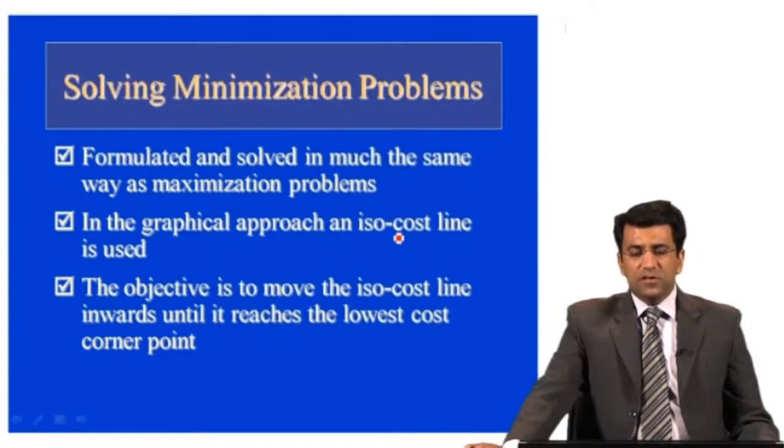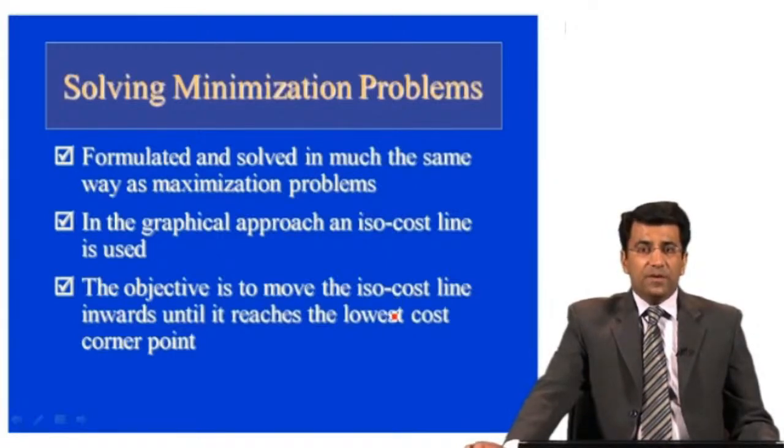The objective in this particular case is to move the iso-cost line inwards until it reaches the lowest cost corner point. Class, as you remember, when we were discussing the method which helps to find the optimal point, that is the iso-profit line method, what we did was put some hypothetical value in the objective function which comes under the area of the feasible region.